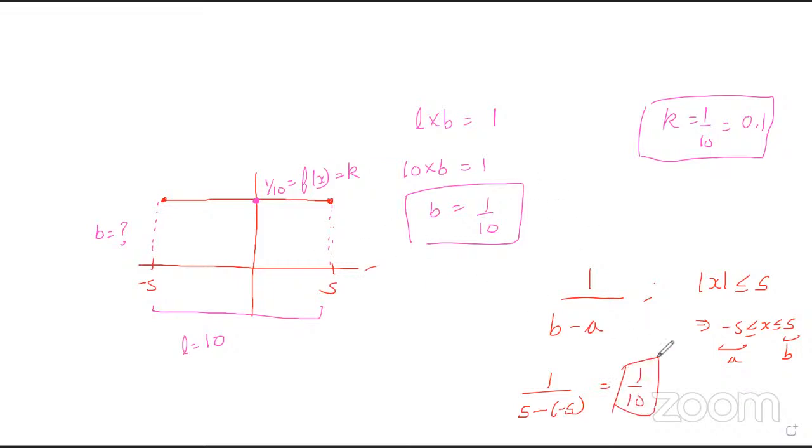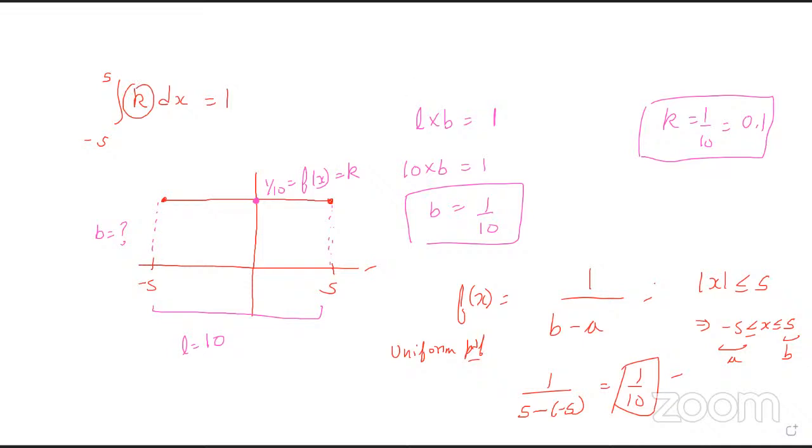So either way you can approach, by area approach or by the formula of PDF. 1 by b minus a is the PDF of uniform distribution. Also we can take integration of k, or substitute the limit minus 5 to 5. Yeah, you can also do that if you are aware of integration. That would also give you the value of k.